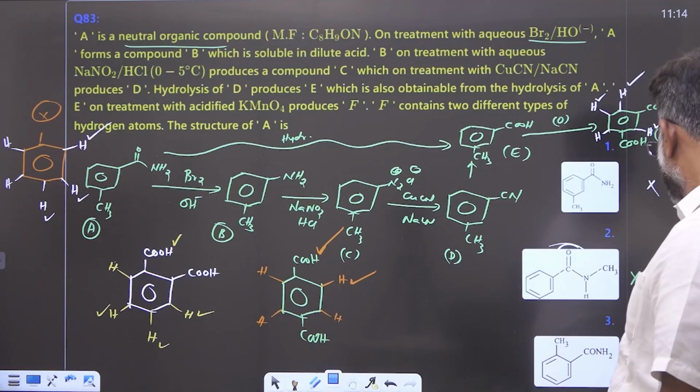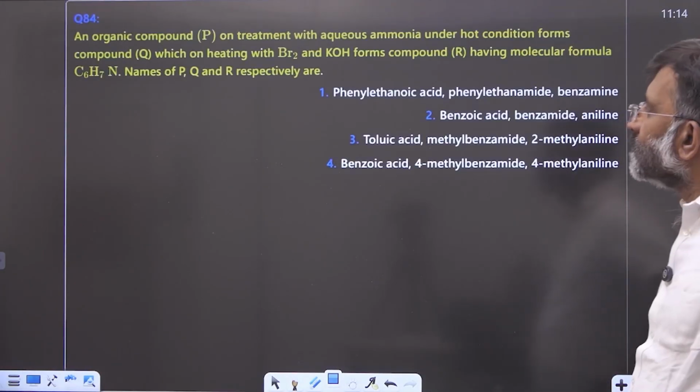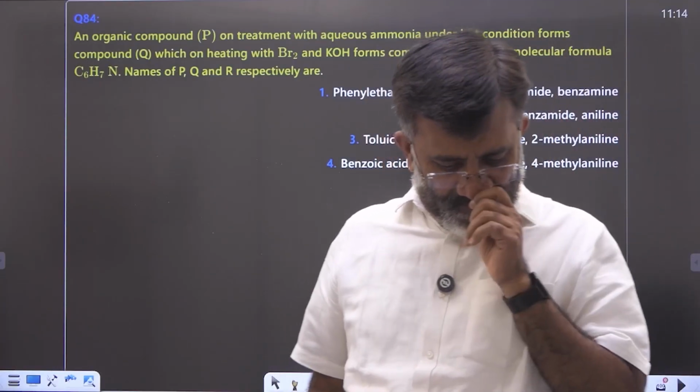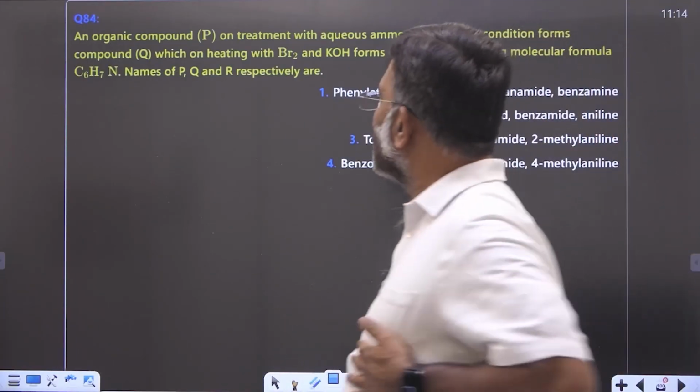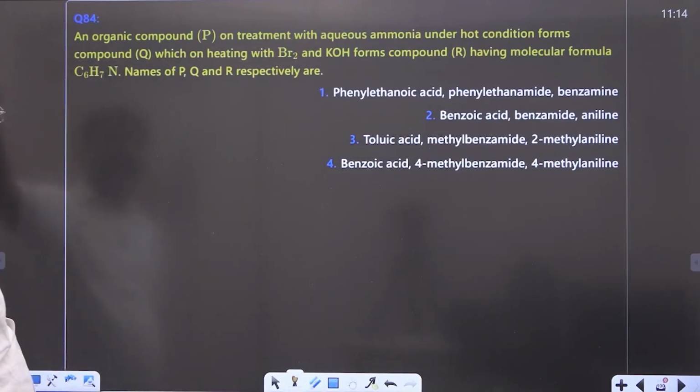Next, 84th question. An organic compound P on treatment with aqueous ammonia under hot condition forms compound Q, which on heating with bromine and KOH forms compound R, having molecular formula C6H7N.